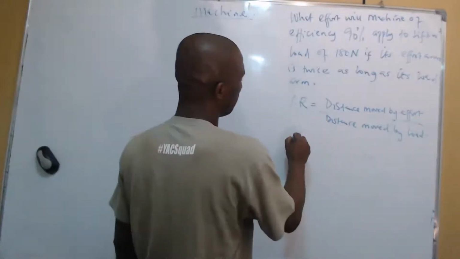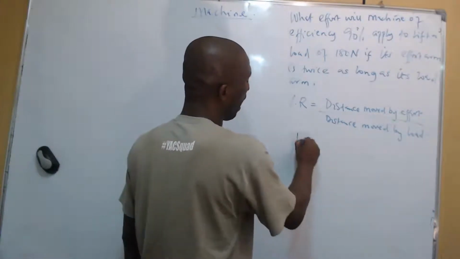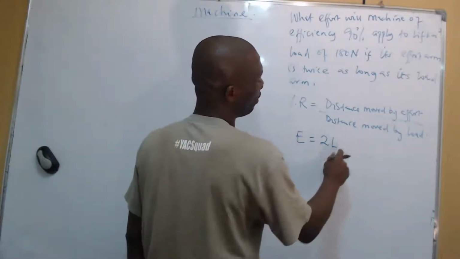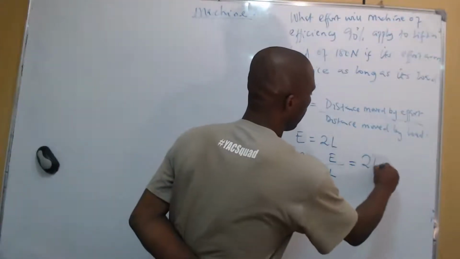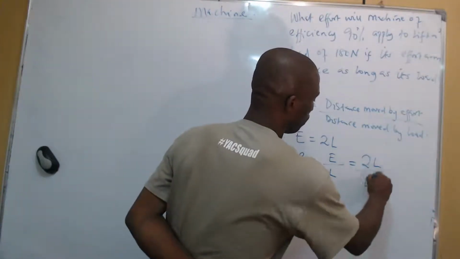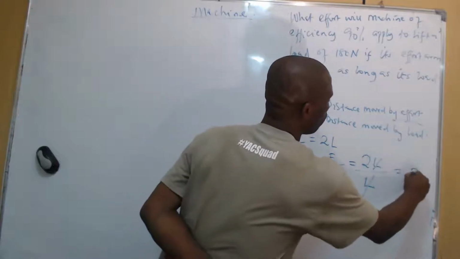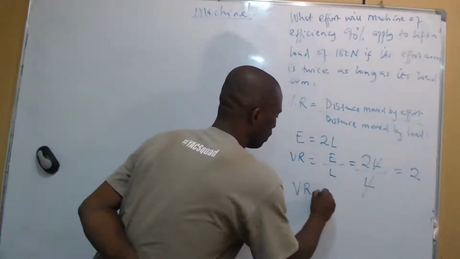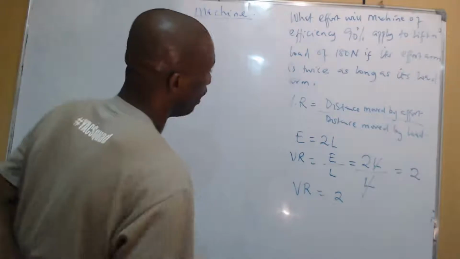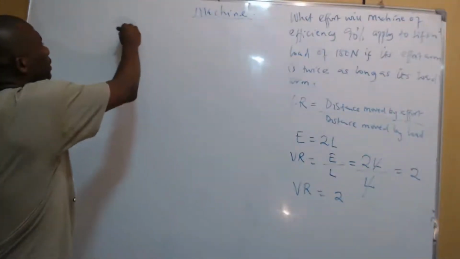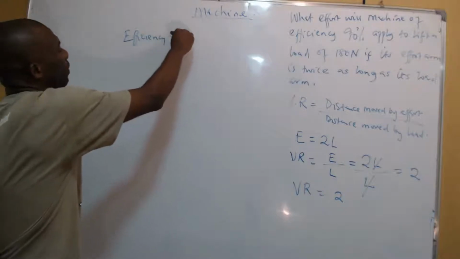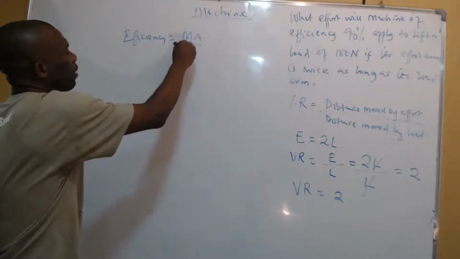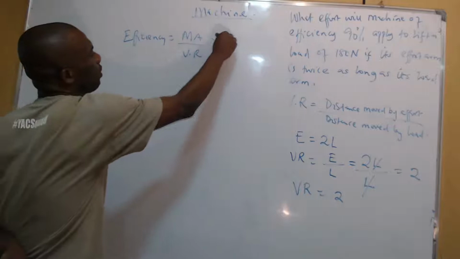So that means we have that effort is equal to 2L mathematically. So now say 2L over what? L. So L will go against L. We are left with 2. So velocity ratio is equal to 2.